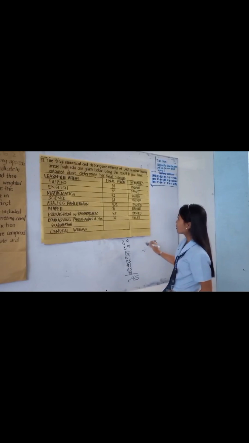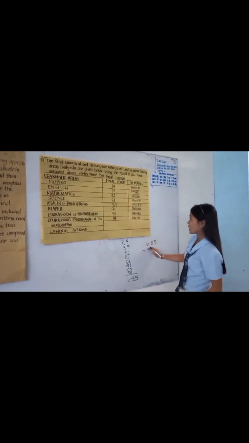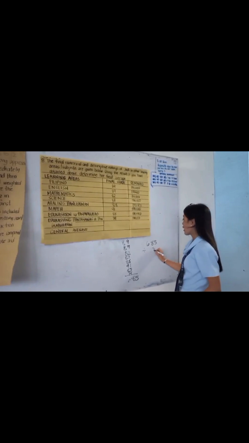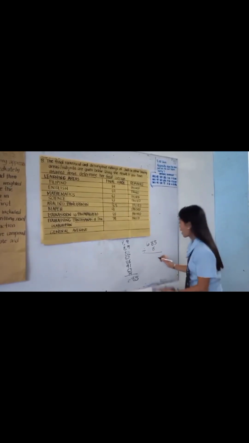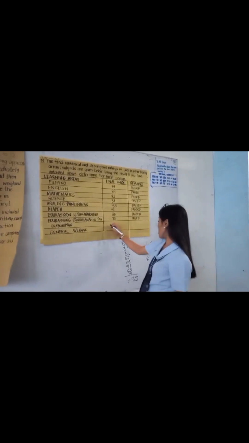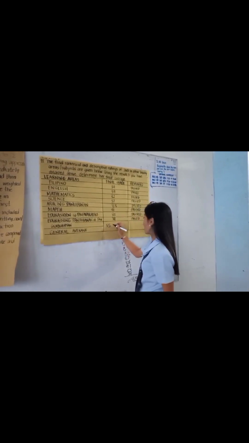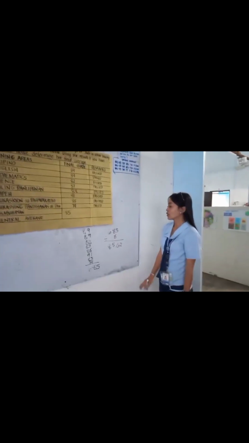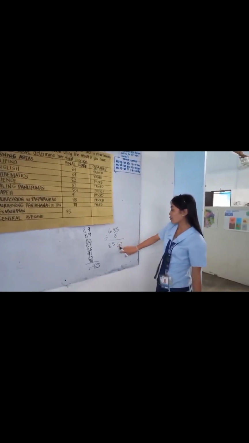So 685 divided by 8 subjects is equal to 85.62.